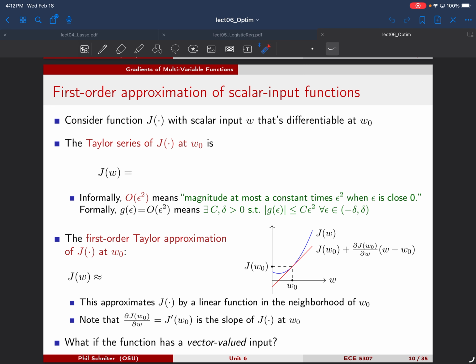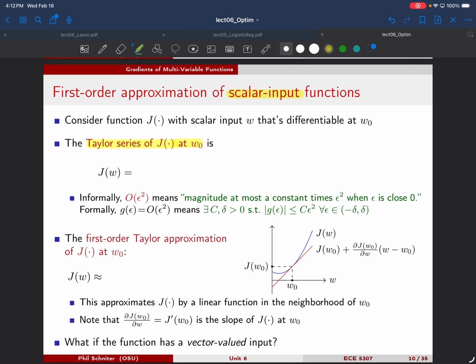Okay, so for this we have to remember the Taylor series of this function. We're going to start with scalar input functions. This is the simple case where we just have one scalar parameter that we are optimizing.